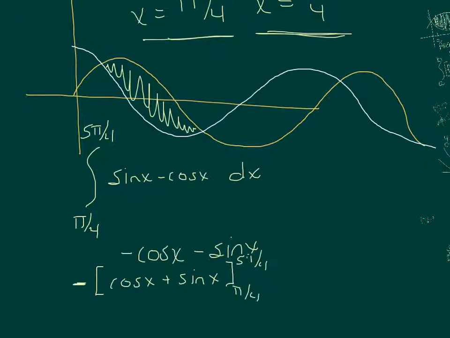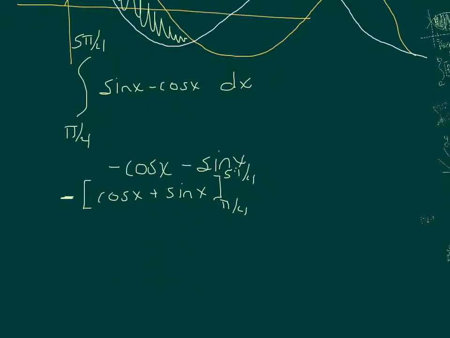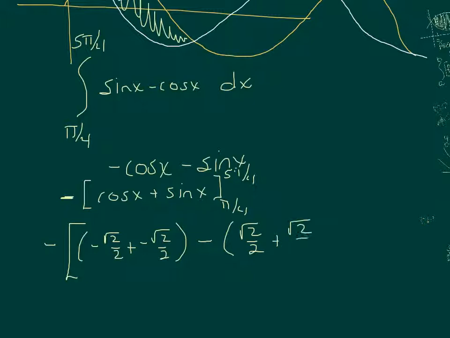All right, so if we do that, 2 square root of 2? What's the cosine of 5 pi over 4? Negative square root of 2 over 2. And the sine of 5 pi over 4? Negative square root of 2 over 2. Minus the cosine of pi over 4 plus the sine of pi over 4.